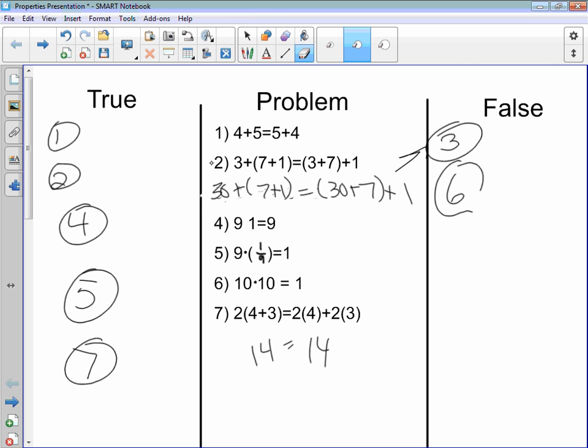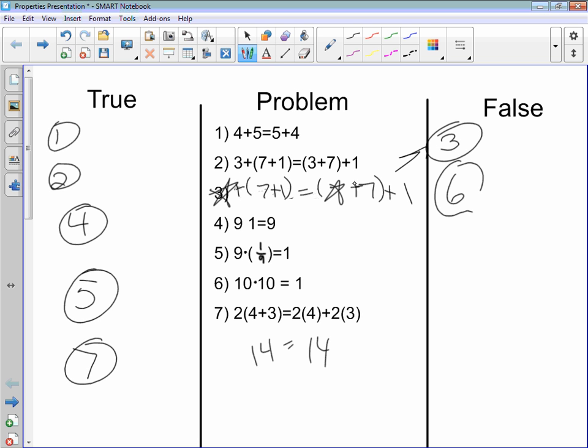What happens if I change this to star and I change that to star? Would it still work? Yeah. But you don't know what star is. Now, did I change the order this time?